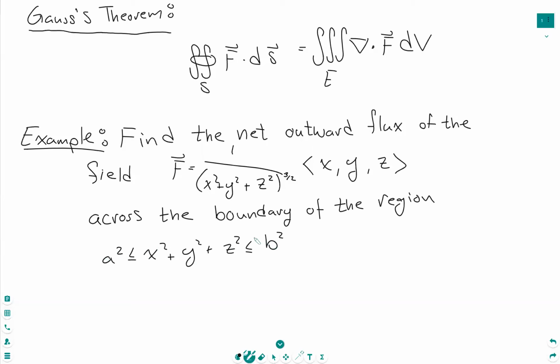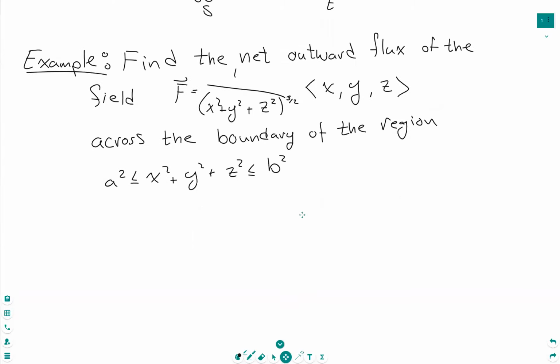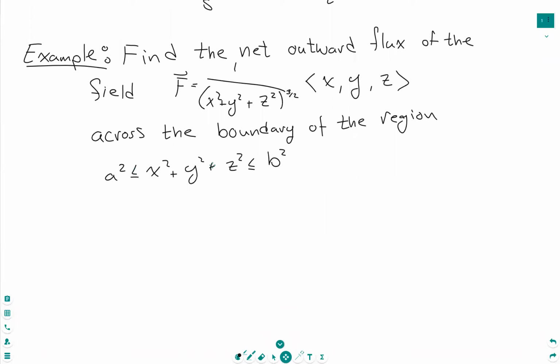Okay. So let's think about this for a second. What is the region that's being described and this boundary? If I look at this, x squared plus y squared plus z squared reminds me of spherical coordinates. I know we haven't talked about spherical coordinates in a while, but this is rho squared, the radius squared.